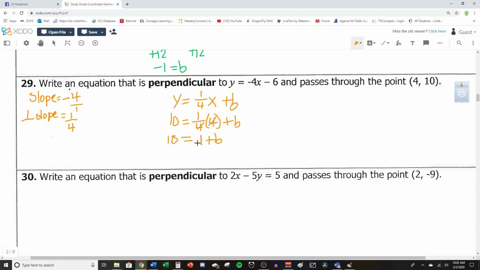And the 10's over here. I'm just going to subtract this 1. 10 minus 1 is 9, so 9 equals b. So my final answer: y equals, we want to use the perpendicular slope, 1/4 x, and this b value, plus 9. So there's our answer.